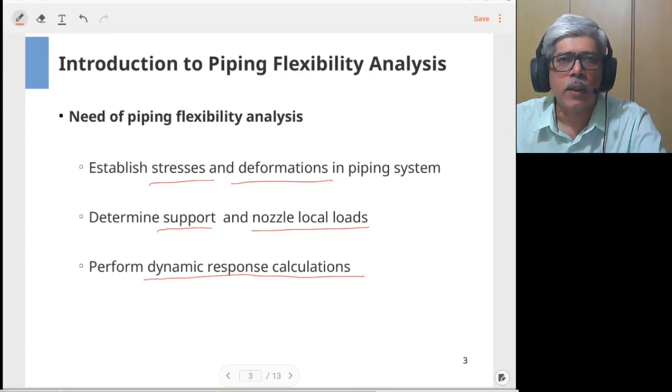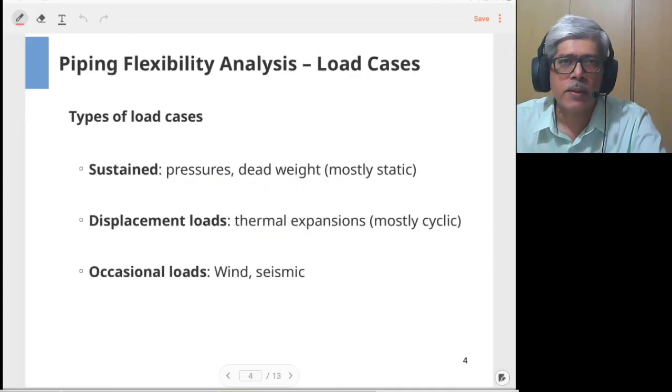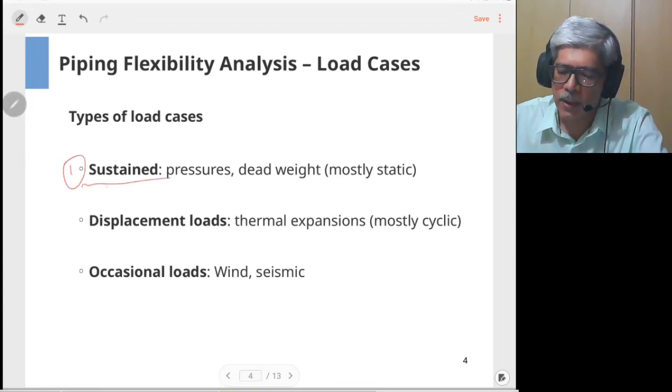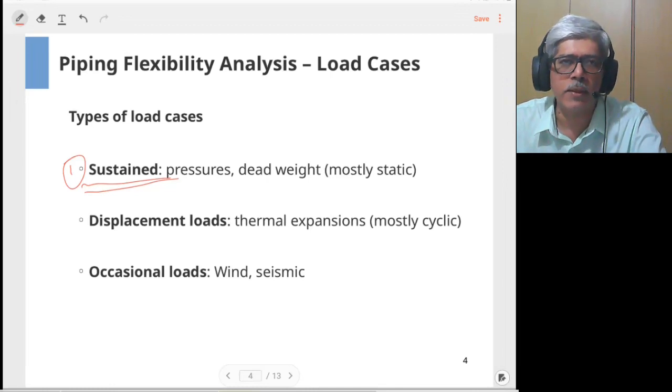Next, we will see what the different load cases are which are considered in piping flexibility analysis. There are three load cases which are considered in the design. The first load case is the sustained load case. Sustained, as the name suggests, is one which is permanently acting throughout the life of the piping system.